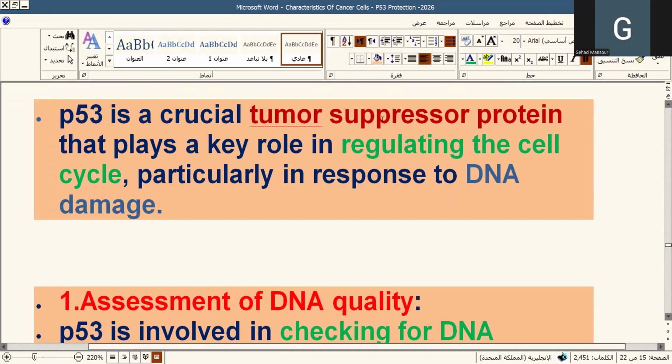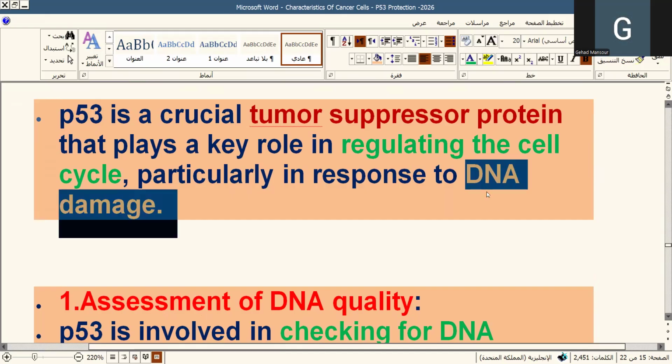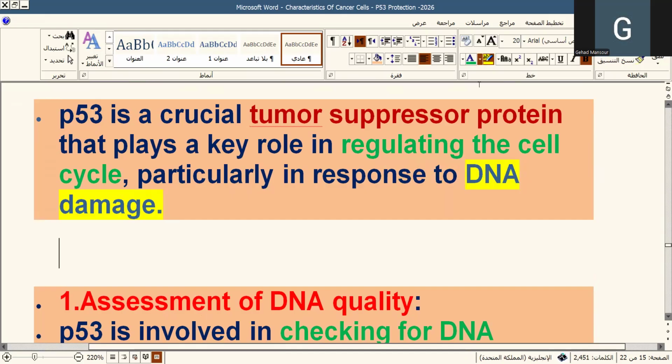By suppressing or inhibiting the cells that have DNA damage and that are liable to divide in an uncontrollable way and produce thousands of mutated daughter cells like them that will form a mass of mutated daughter cells and therefore a tumor.